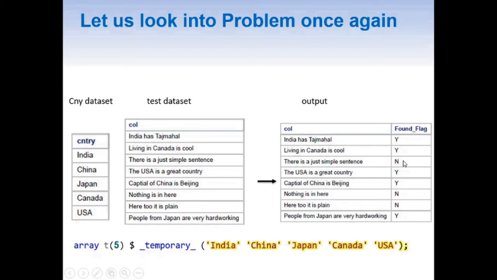And if you remember from the previous slide, you can see that the values India, China, Japan, Canada, USA are part of a temporary array. And these values are exactly what is there in the data set here, with a little bit of difference, that is, they have single quotes and are in a different form than what is there here.